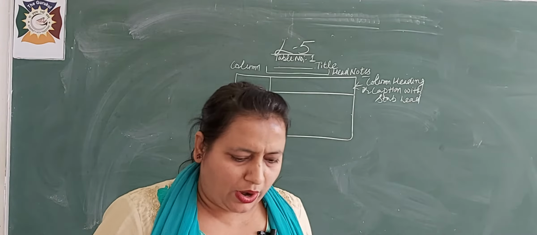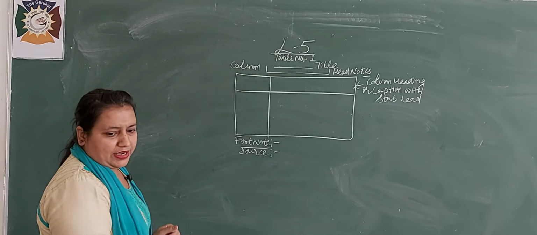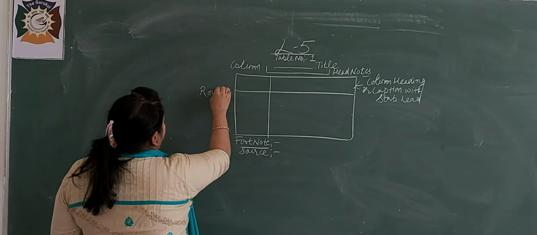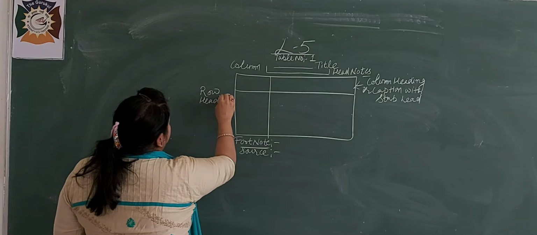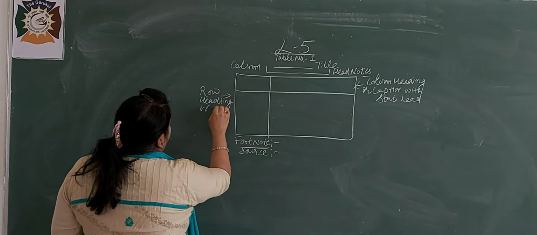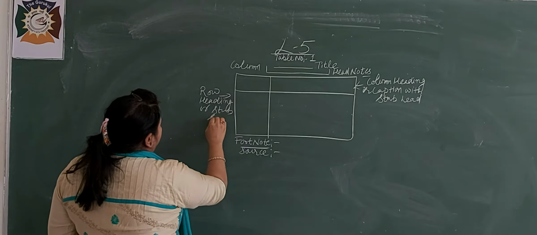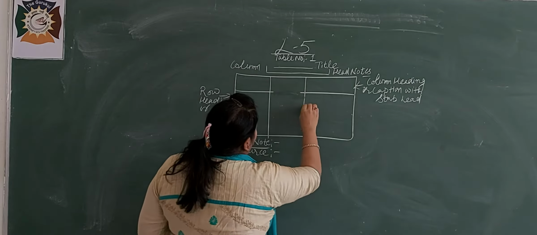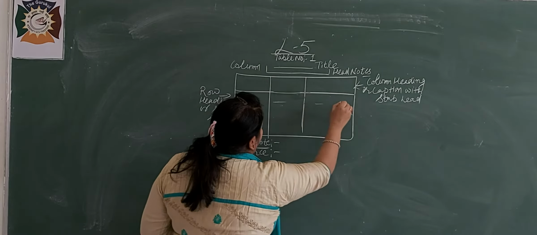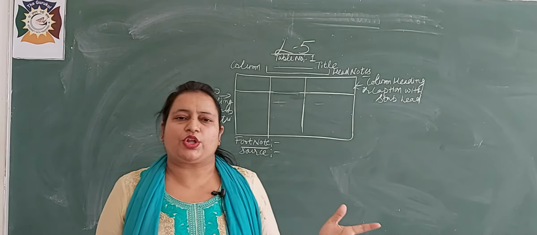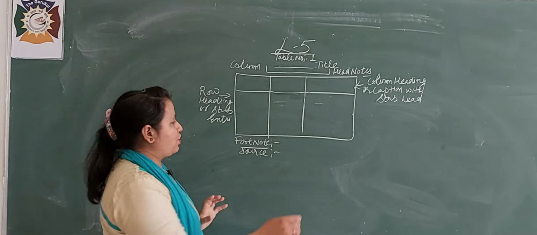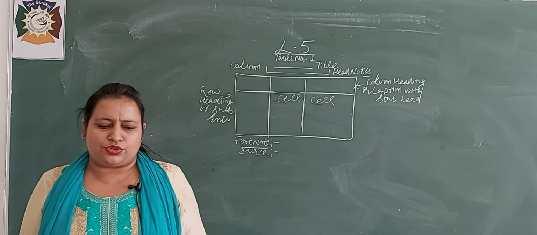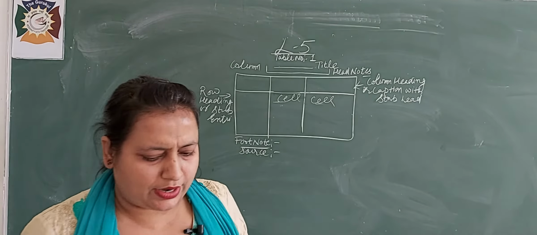And row heading or stub entries, you will write over there. This is the body, where you will write. This is the body or field, and these are the cells. I'm going to tell you about the rest.